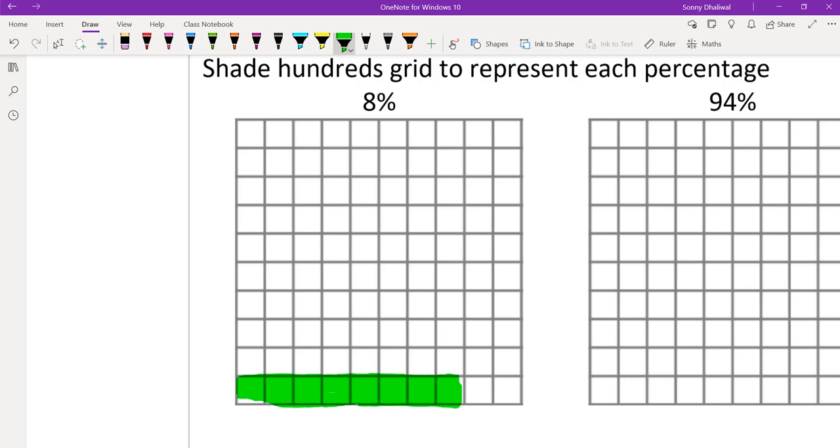That is 8 boxes shaded in. That's my answer. It's 100% right. Your answer could look like these ones shaded in. And that would be fine, long as you shaded in 8.